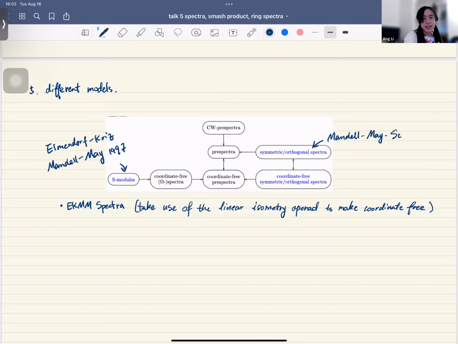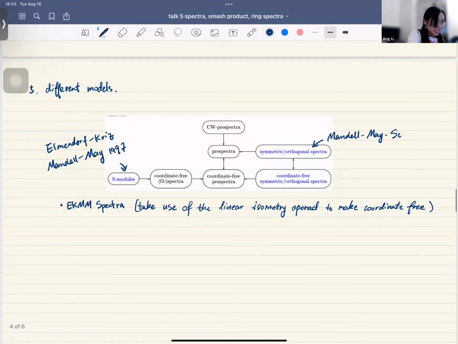Also, this picture I stole from Cary's notes, so credit to him. And then later, Hovey, Shipley, and Smith have this notion of symmetric spectra.